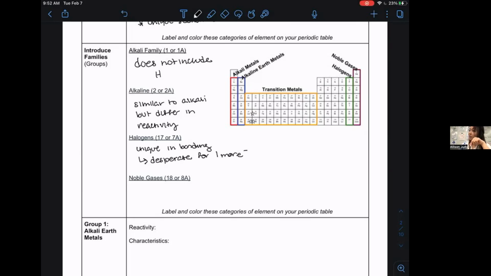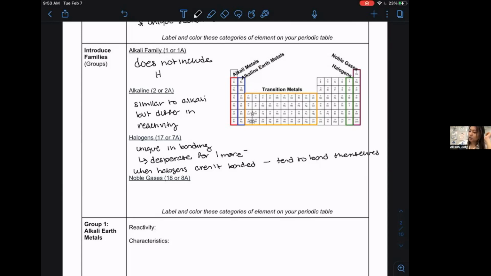That's also kind of unique about them: when halogens aren't bonded, they tend to bond to themselves. A metal can just be a plain mercury atom, fine, chilling by itself.